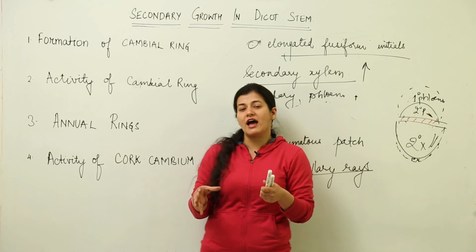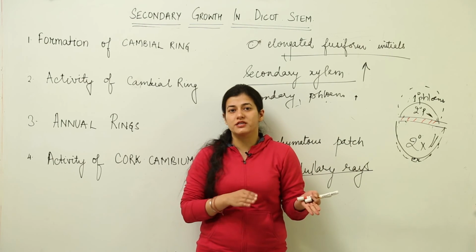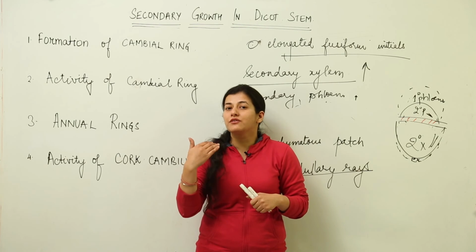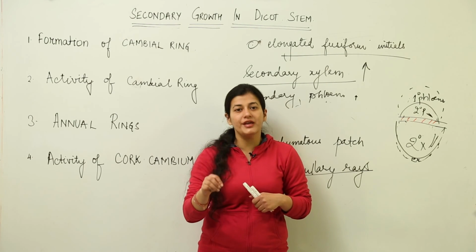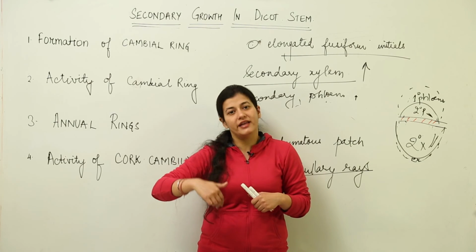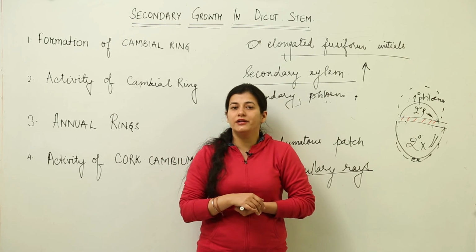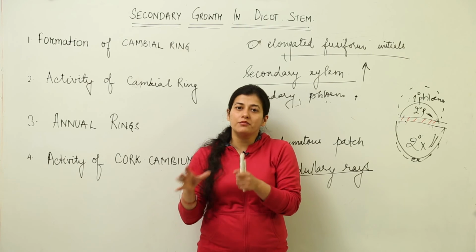To sum it up, the cambial ring is formed by both intrafascicular and interfascicular cambium. They give rise to secondary xylem inside and secondary phloem outside, and with time the pith and primary xylem get crushed.